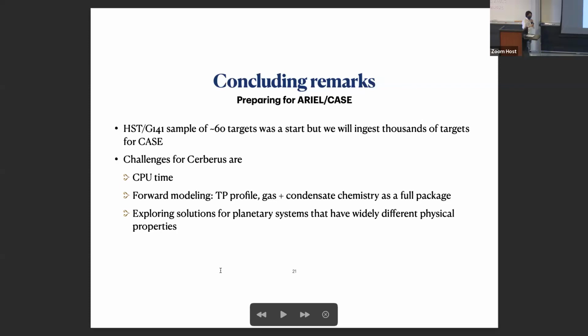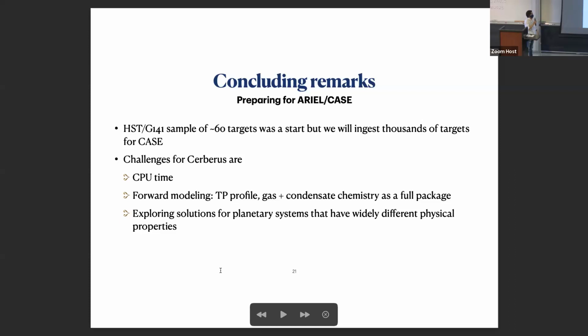Again, a few concluding remarks for Cerberus. I think it's a tool that is evolving and that will still evolve in preparation for Ariel. And there are a few challenges that this approach will have to overcome.